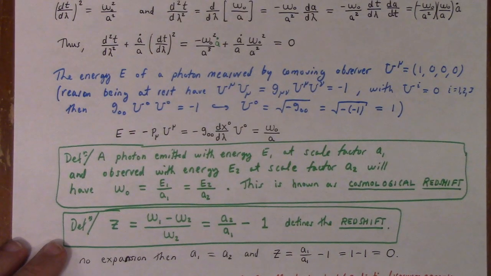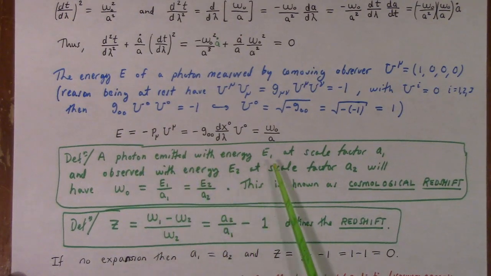And that's interesting, so let's explain why. A photon with energy E₁ at scale factor a₁ and observed at energy E₂ at scale factor a₂ will have ω₀ equal to the ratio of both of those energies and scale factors. This phenomenon is labeled cosmological redshift. We define the redshift z to be (ω₁ − ω₂) over ω₂. Here ω are frequencies; a lot of times physicists use ω for frequency.